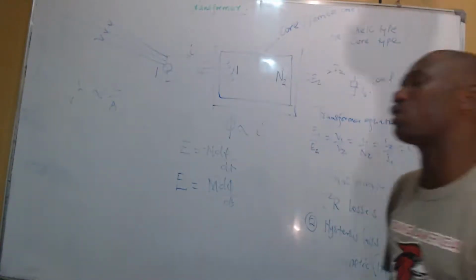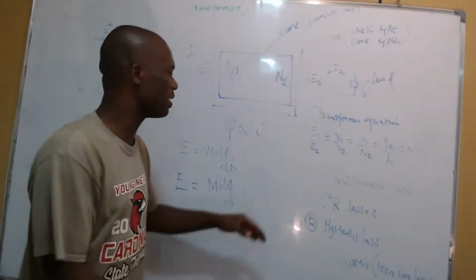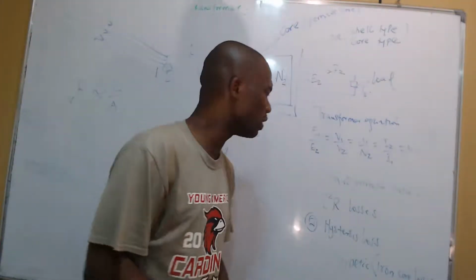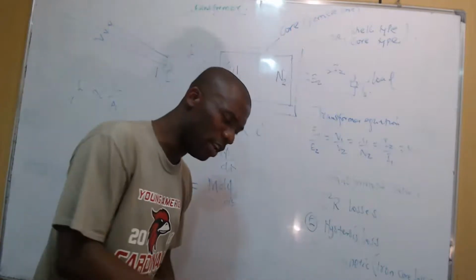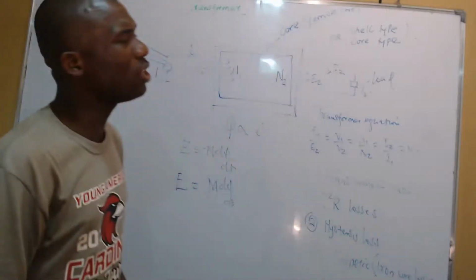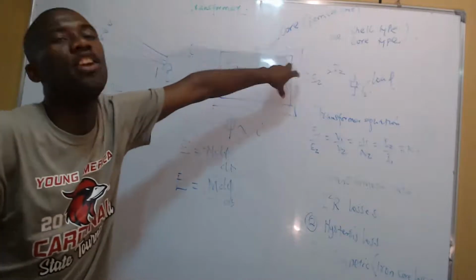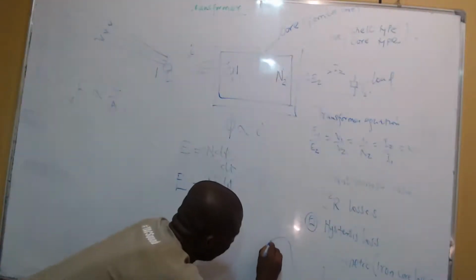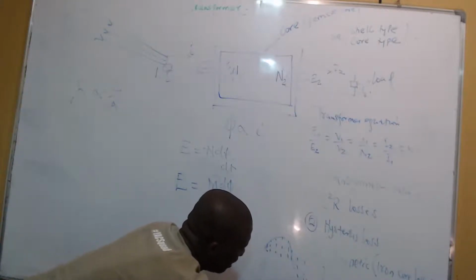Now, hysteresis loss has to do with the core of the system. We use an air gap in the system, which reduces the effect of Lenz's law, because according to Lenz, the induced EMF in the secondary changes as time changes.